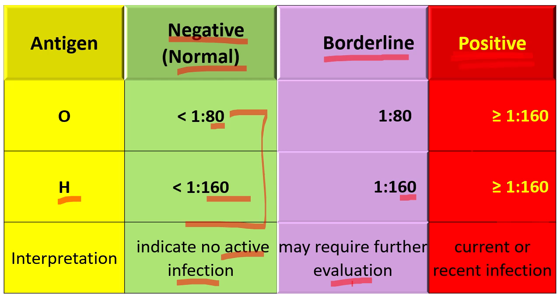We can understand that when the titer value is equal to or more than 1:160, for either O antigen or H antigen, it means a positive report, and it is a current or recent infection of typhoid. Please watch this table again.